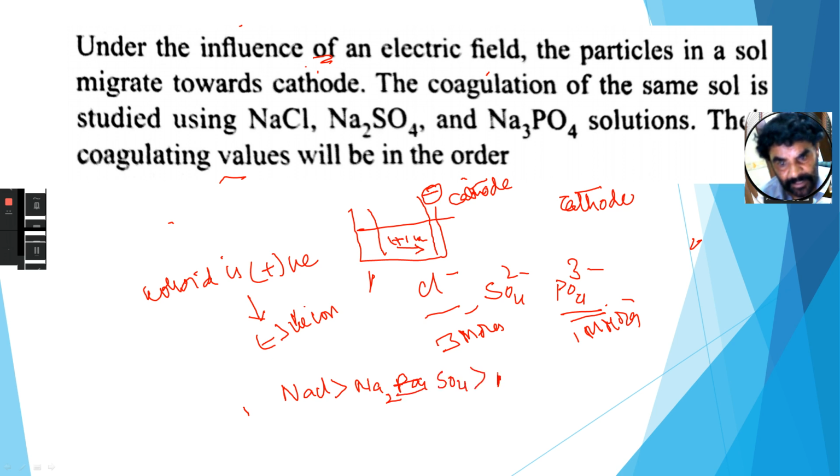Next one is Na3PO4, according to the Schulze-Hardy rule. The higher coagulating power is of Na3PO4. Here they are not asking for the coagulating power. Coagulating value is the millimoles required to cause coagulation. Millimoles of sodium chloride is 3 times that of the millimoles of sodium phosphate required. So this is the answer.